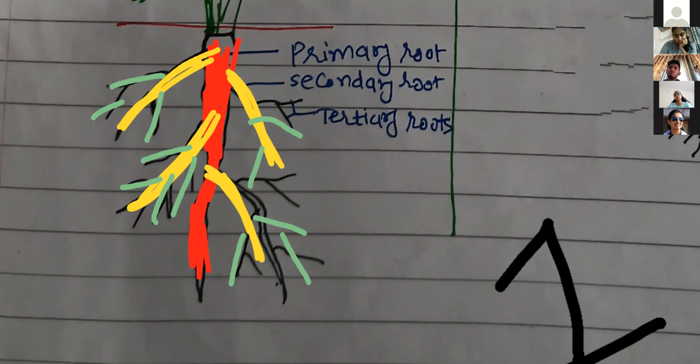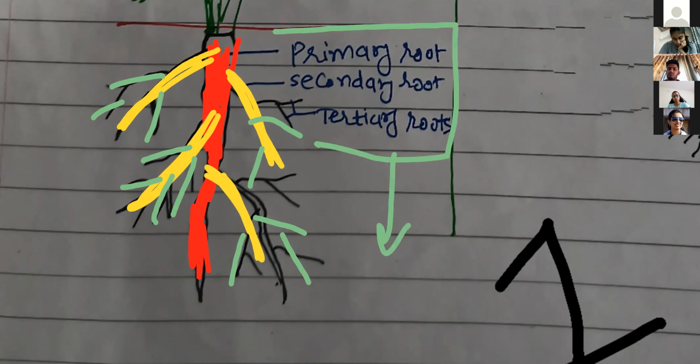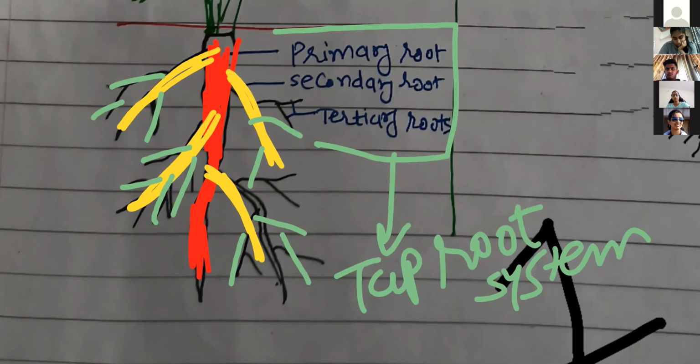That first forms the primary root, which is the heaviest, thickest one. Then on this primary root, further branches are developed, secondary and tertiary. So together, primary, secondary, tertiary roots, we call it the taproot system.